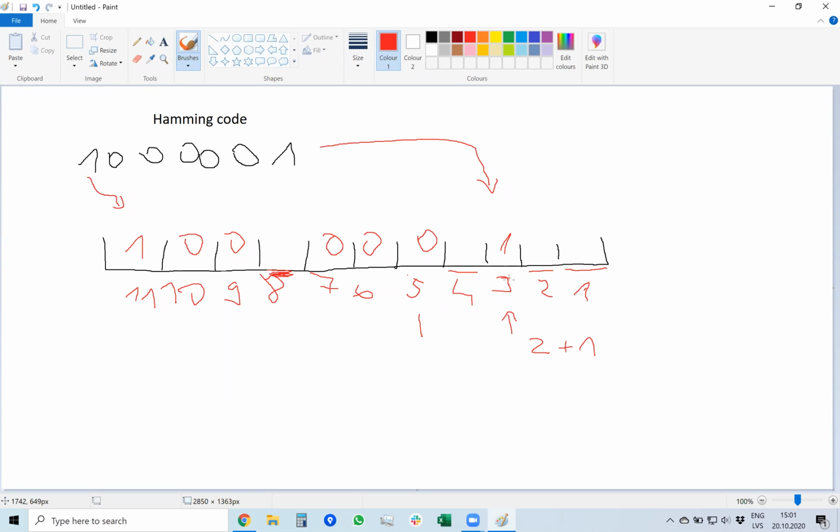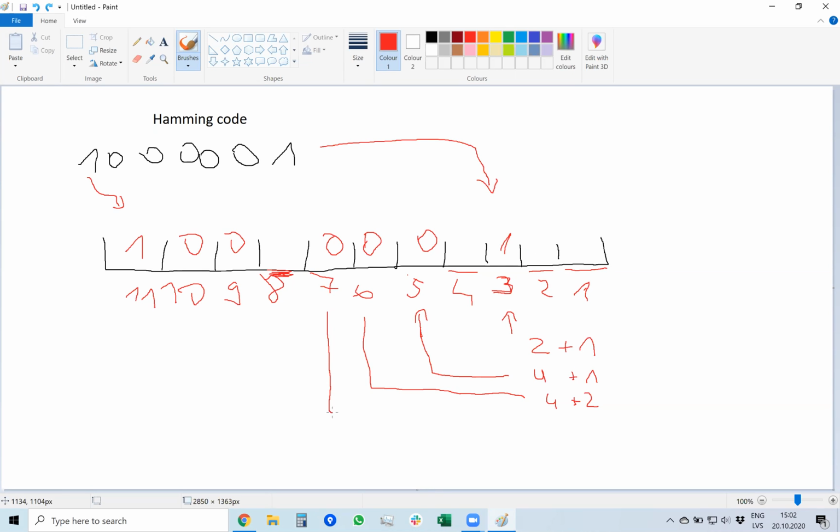So 3 will be used to calculate parity bit number 2 and parity bit number 1. 5 is, for example, 4 plus 1. As a result, 5 will be used to calculate parity bit number 4 and parity bit number 1. 6 is 4 plus 2. So 6 will be a part of parity bits number 4 and number 2.